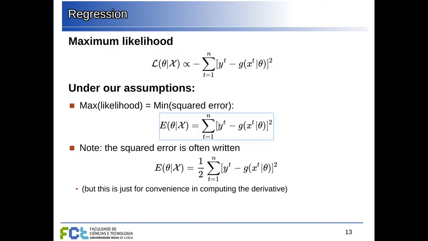And this is the difference between what the value should be and what we are predicting the value to be, squared. So basically, it's the square of the difference between each prediction that our system is making and the value that we have in our data. So this is the quadratic error, and the sum of the squared errors is what we're trying to minimize in order to fit our data.